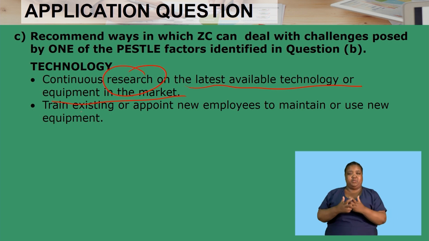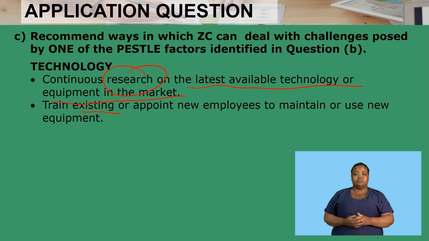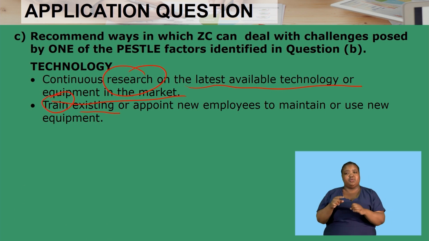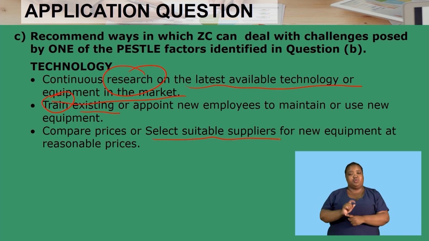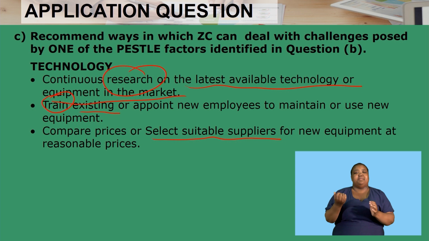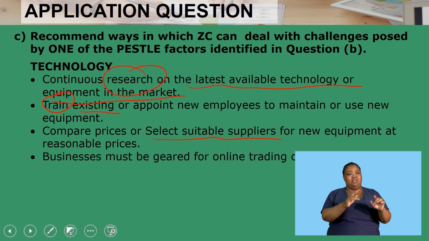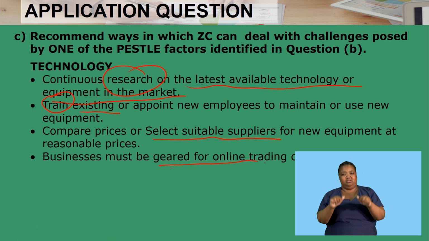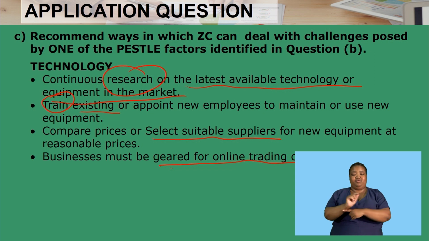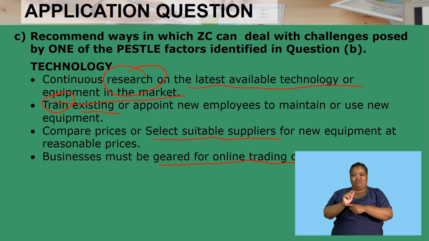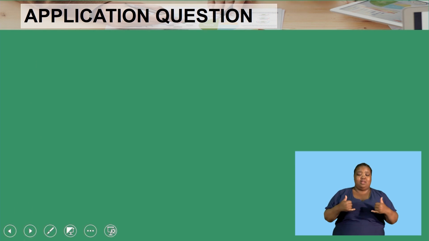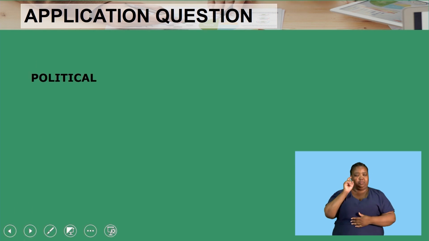We can also train existing or appoint new employees to maintain or use new equipment. Training is very important. Compare prices or select suitable suppliers for new equipment at reasonable prices. Businesses must be geared for online trading or e-commerce, electronic buying and selling, everything that happens online.